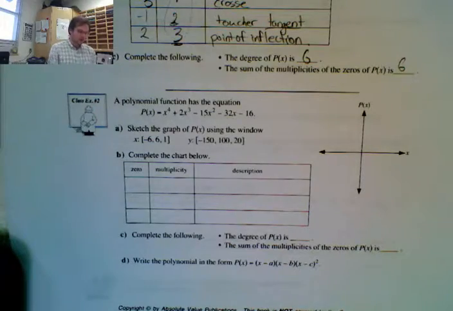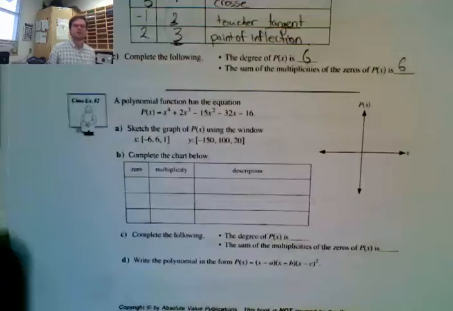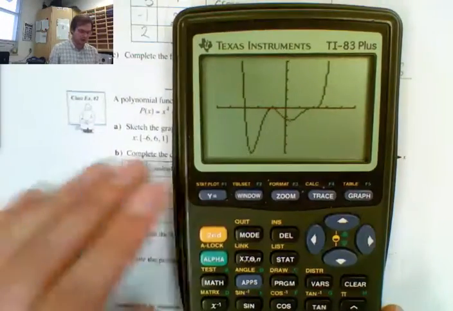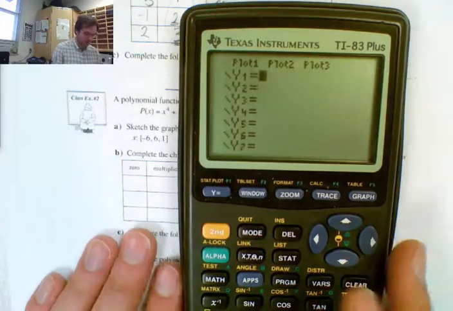It says the polynomial function is given. So we're going to sketch this polynomial function in the graph with our windows. I'm going to plug it in here, go into y equals, and clear this off.